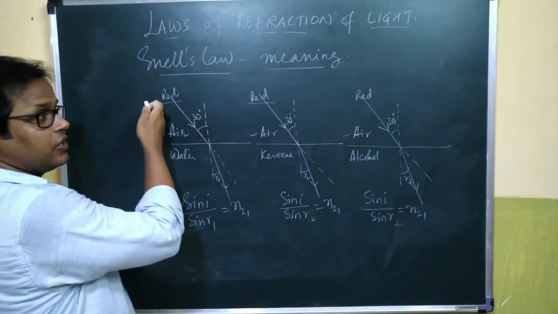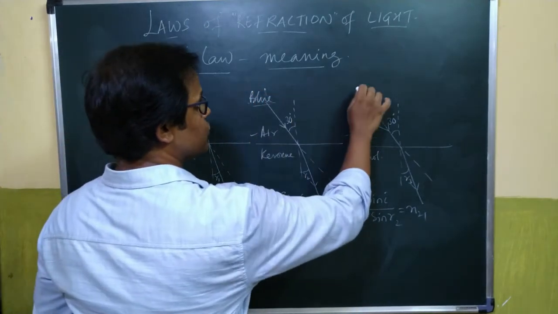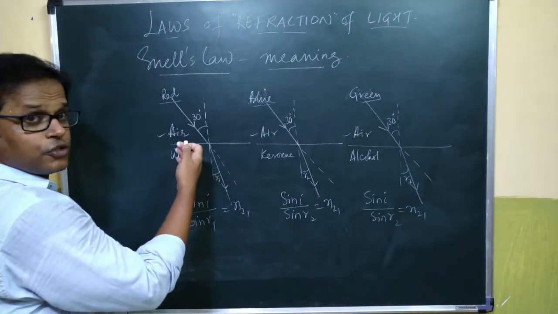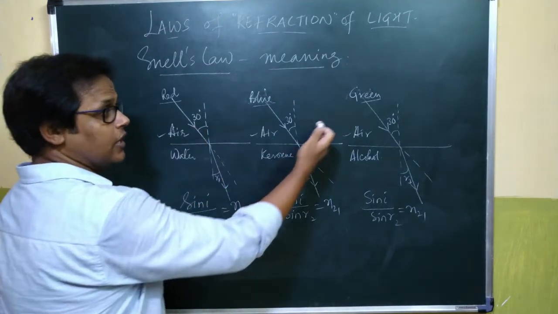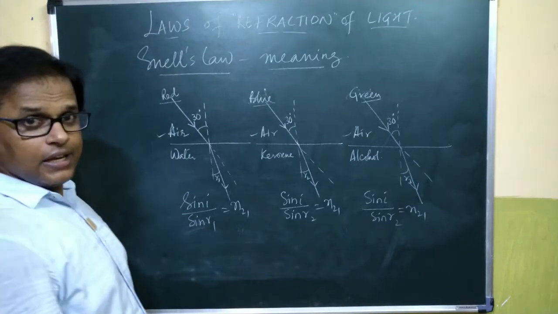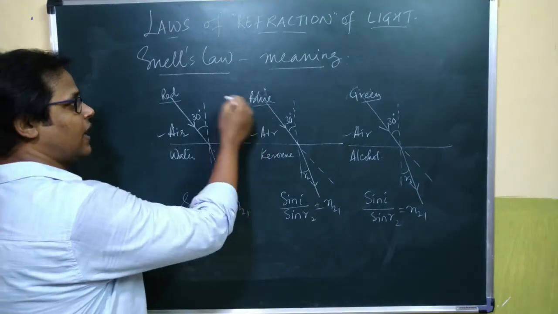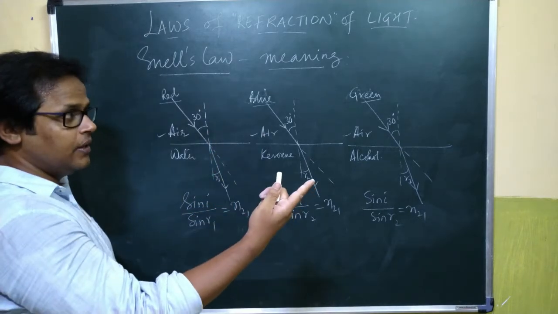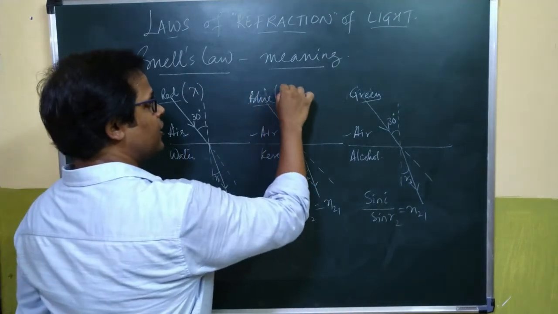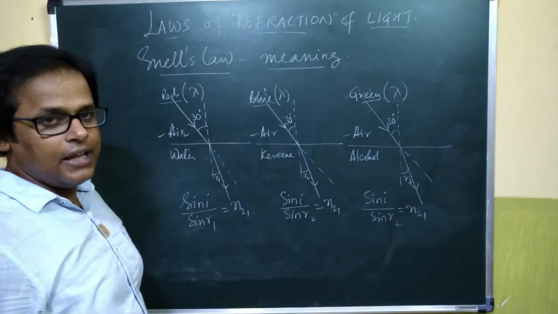If one might have chosen red, the other might have chosen blue colored light, the other might have chosen suppose green or yellow colored light, and even if they have chosen air water, air water, air water with the same angle of incidence, still the answer would not have been exactly the same. So color of light is extremely crucial, and that is characterized in technical language by the wavelength of the radiation symbolized by the Greek alphabet lambda.